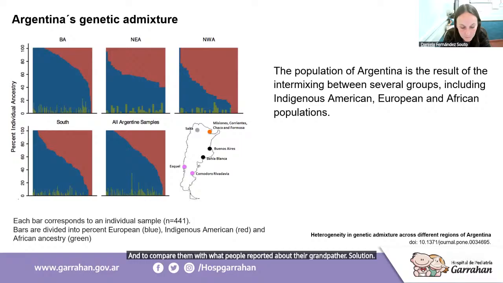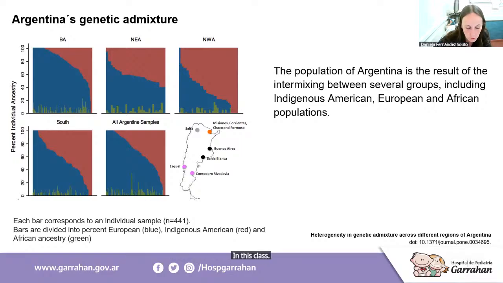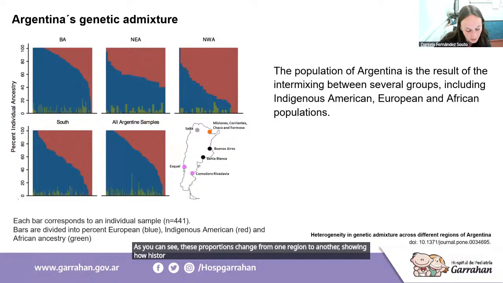In this graph, each bar shows the percentage of European ancestry in blue, indigenous in red, and African in green. As you can see, these proportions change from one region to another, showing how historical migrations and admixtures shape the genetic mosaic of Argentina.